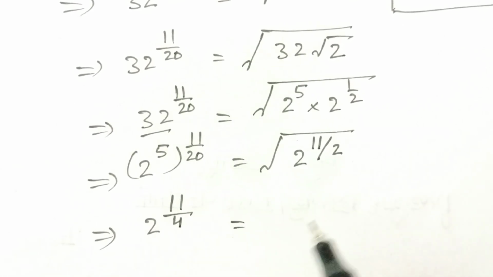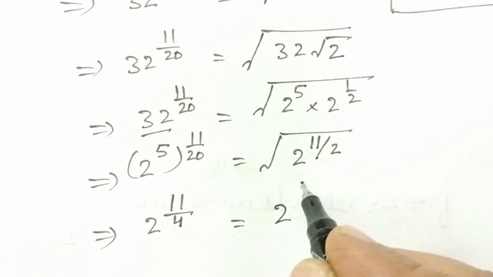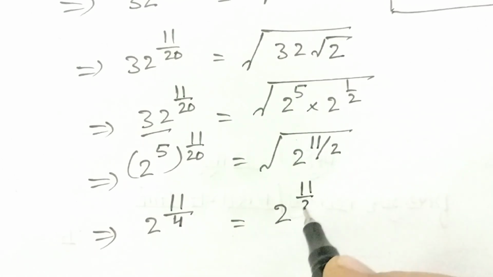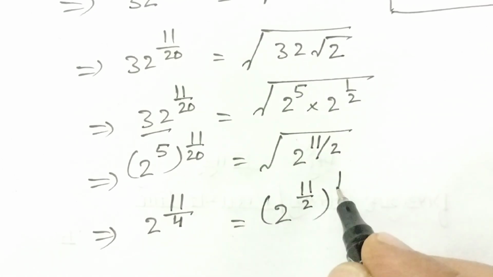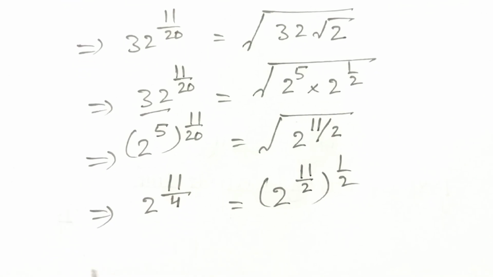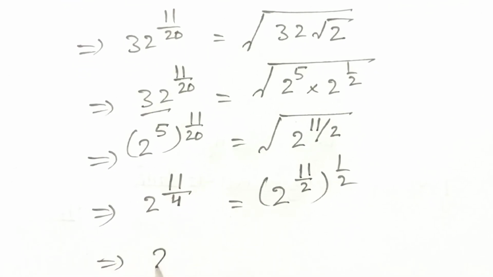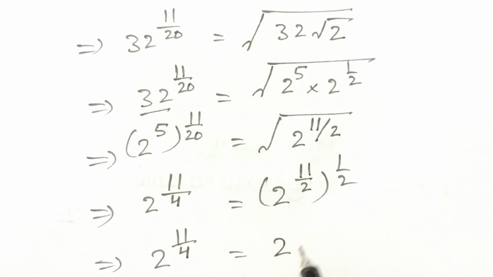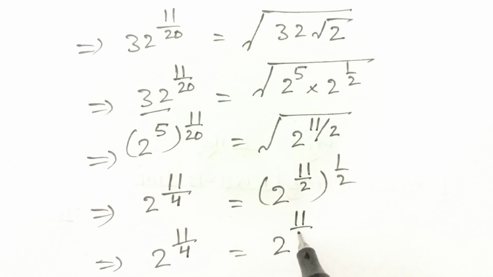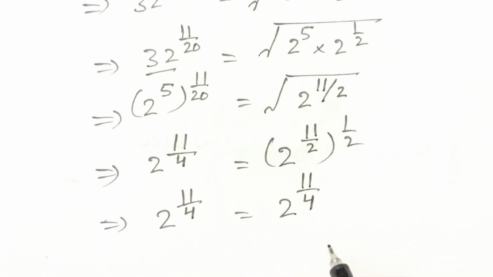is equal to 2 to the power 11 over 2 to the power half. Right? Now 2 to the power 11 over 4 is equal to 2 to the power 11 over 4. Right?